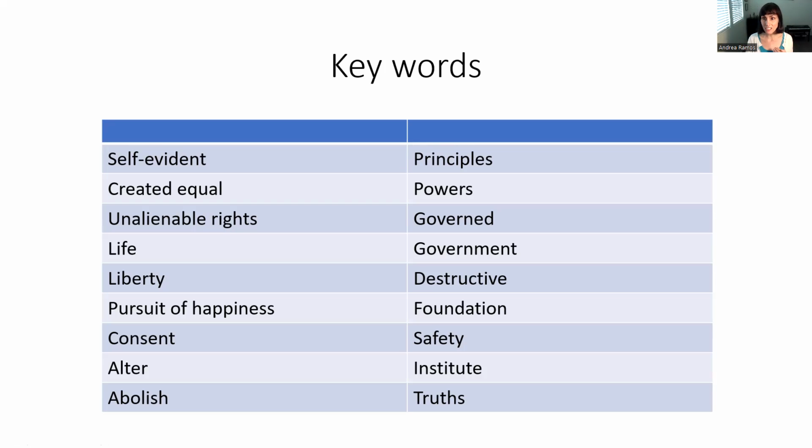So we have the right, we have the privilege, we have the opportunity and the power, and we deserve to have life, liberty, and the pursuit of happiness, because these are unalienable rights. These are rights that nobody can alienate from us. They cannot take away these rights from us as human beings, because these rights were given to us by our Creator God and given equally to all of us because we were created equal.